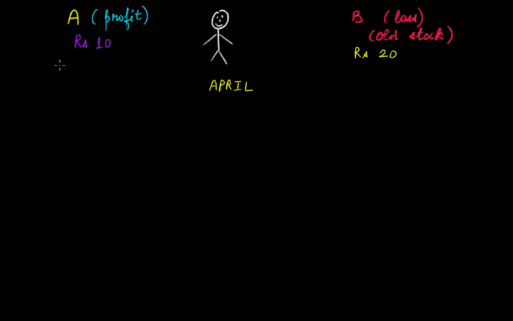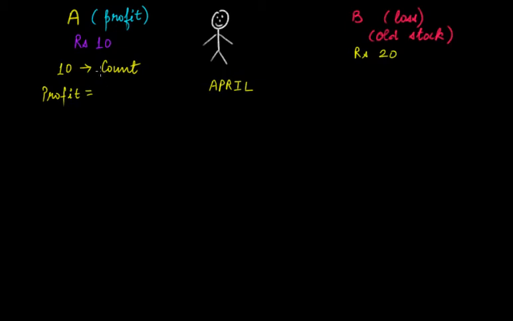Okay, so 10 is the count of A that you have sold by the end of this month of April. So what profit will you make in the month of April by selling this item A?